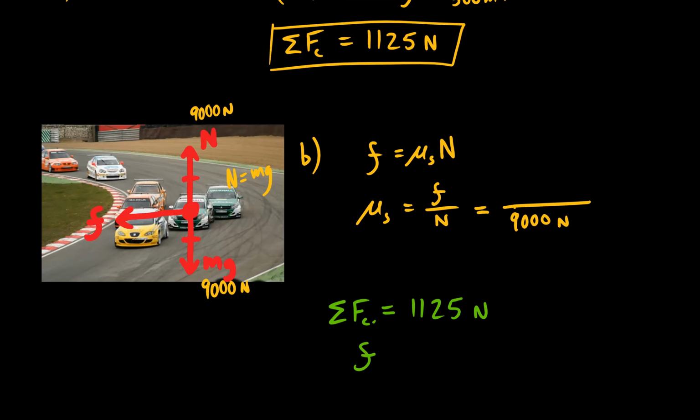So that force of friction is in fact 1,125 newtons. So we can plug that in up here. And once you just plug that into a calculator and get our answer, we have a coefficient of static friction of 0.125. And there we go.